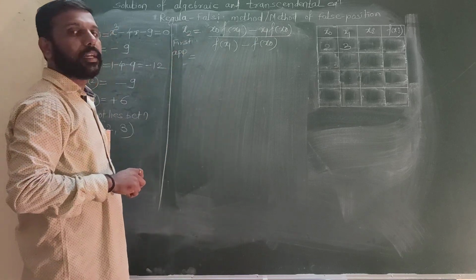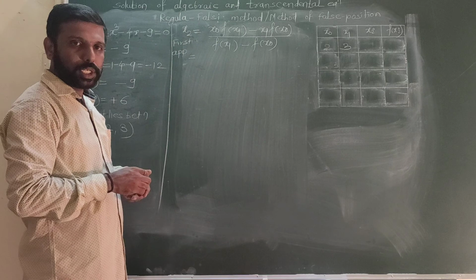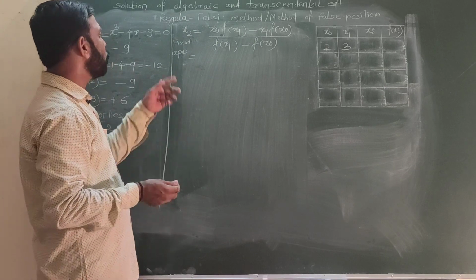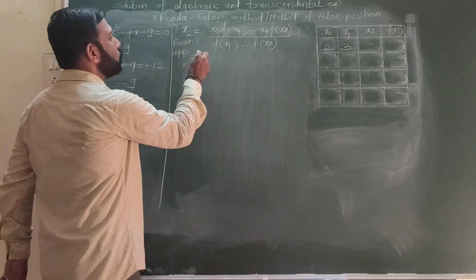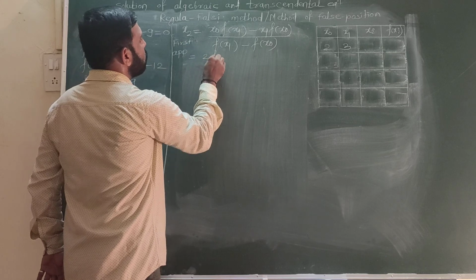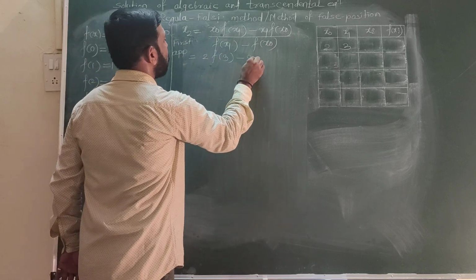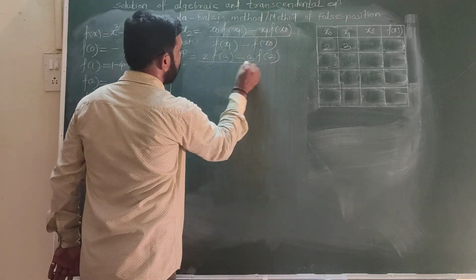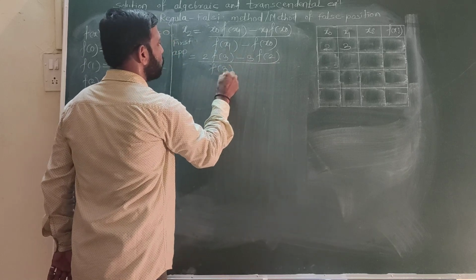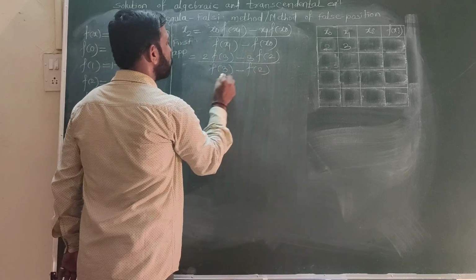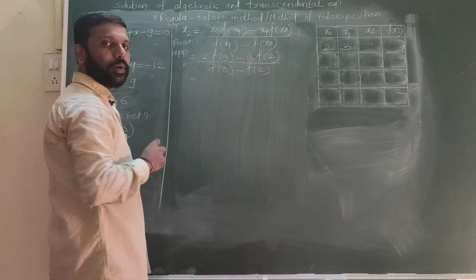We are considering x2, this is a notation, and the calculation is for the first approximation. So x0 upon, we have all these values.